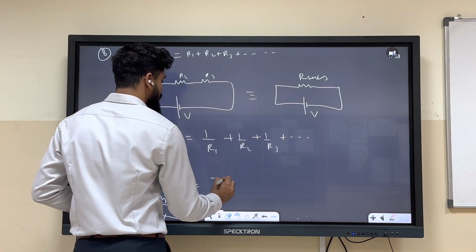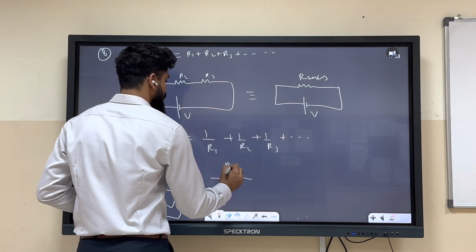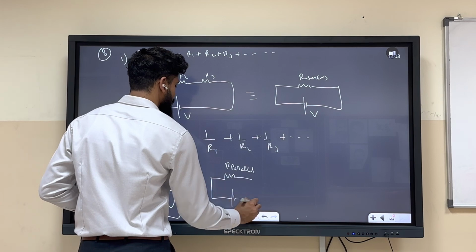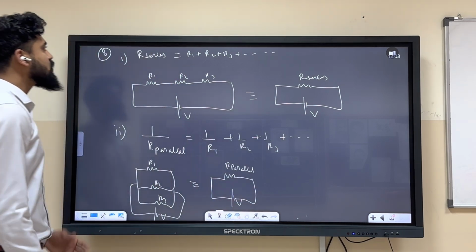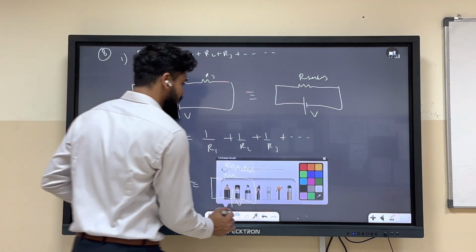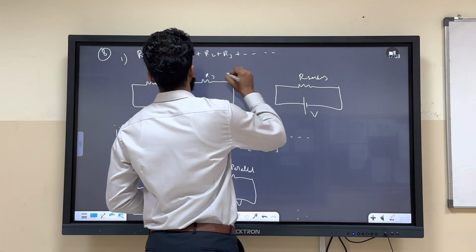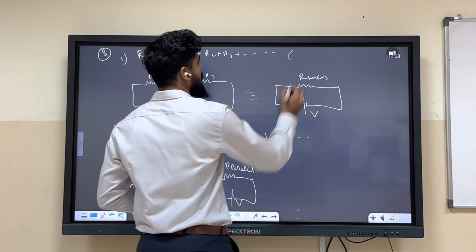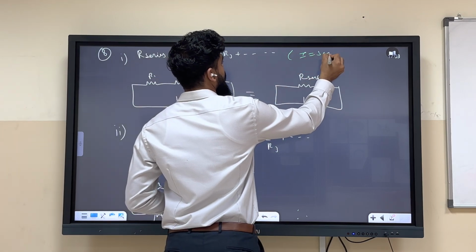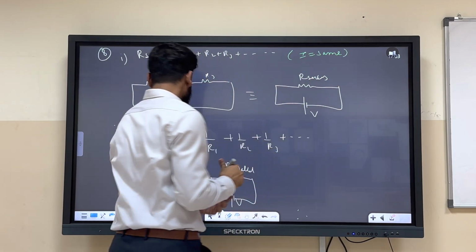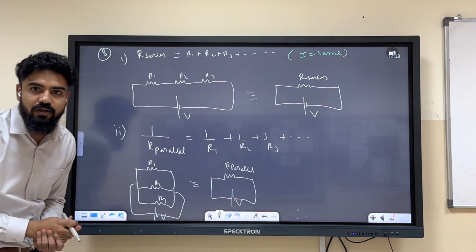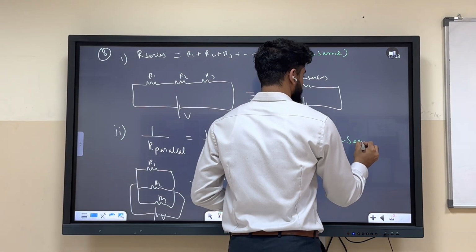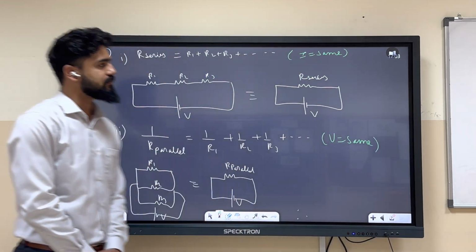Now you want to write like this: R parallel, and over V is current. Correct? Okay. So in series, what is same? Ask yourself, in series what is same? Current is same. And over here in parallel, what is same? Potential is same.